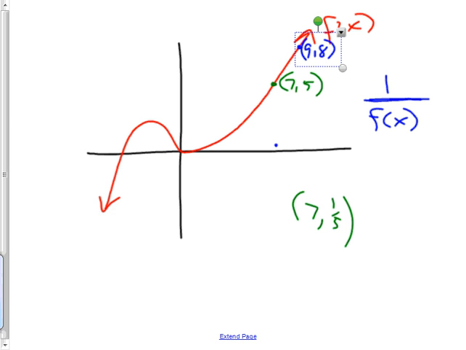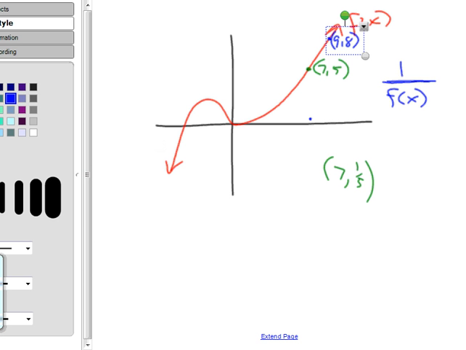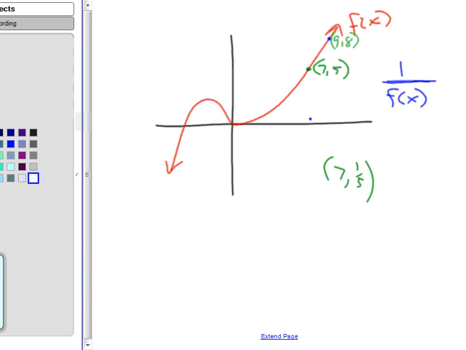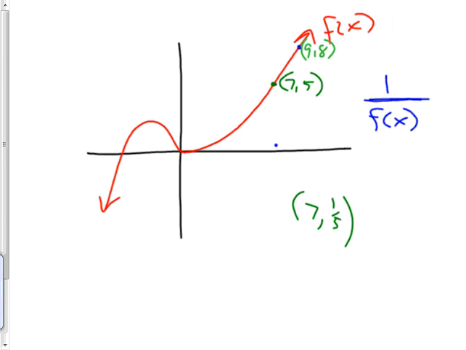So I'm going to go do that. Green. Do you get that 9, 8 would turn into 9, 1/8? Okay, so then my new point here is at 9, 1/8. Well, that's even lower than 1/5.